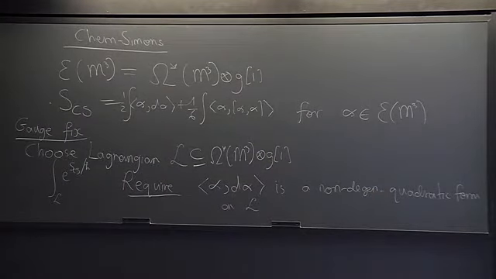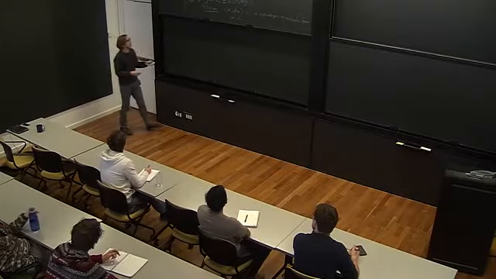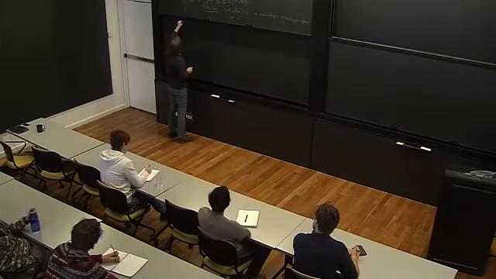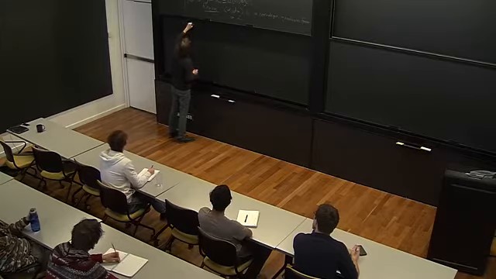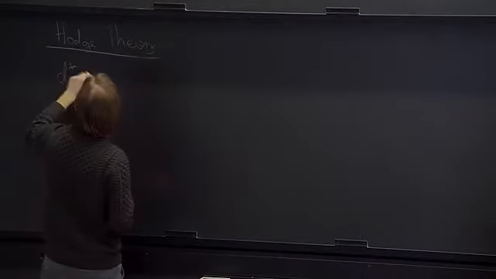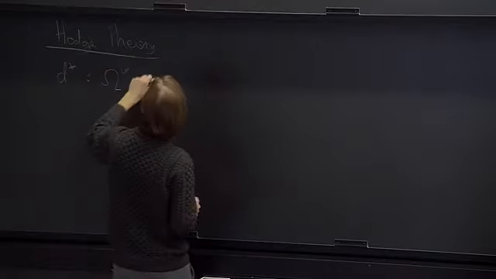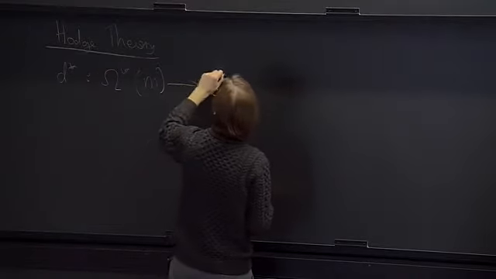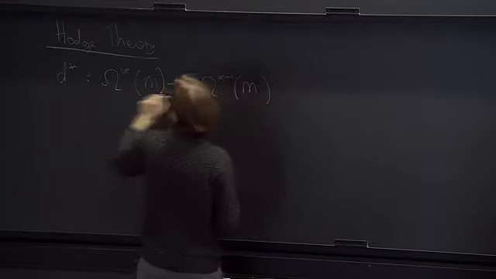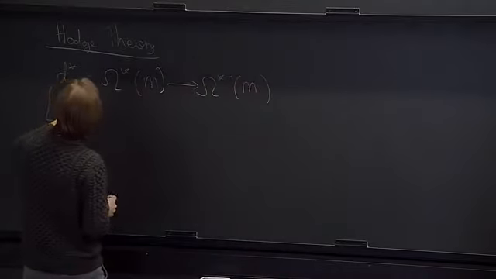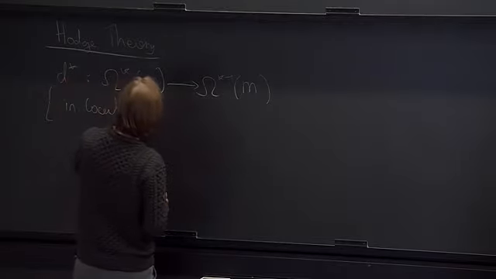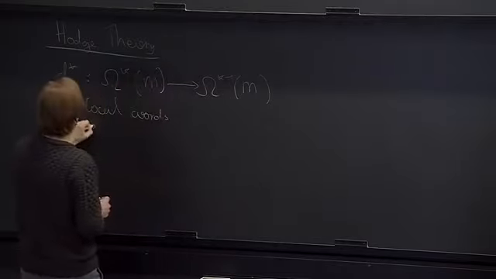So how are we going to try to arrange to get something like this? Well, it turns out we can get this very nicely using Hodge theory. There's an operator d star from omega k of any manifold to omega k minus 1 of any manifold, and in local coordinates it looks something like this.